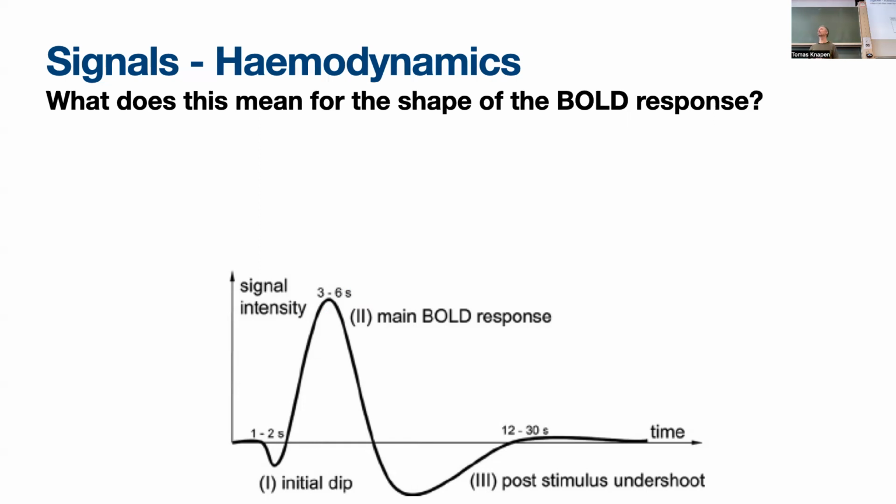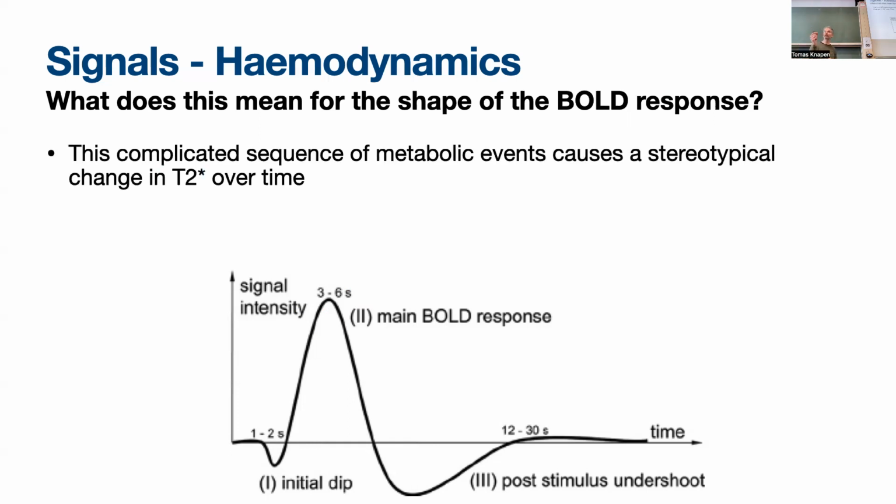No one ever says they've focused an analysis specifically on this. No one ever reports analyses that are based on this initial dip. We think that it does exist, and if you do a very specific measurement of it, you will find it, but a general analysis will not take it into account.